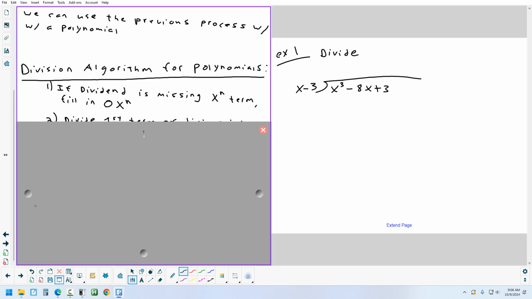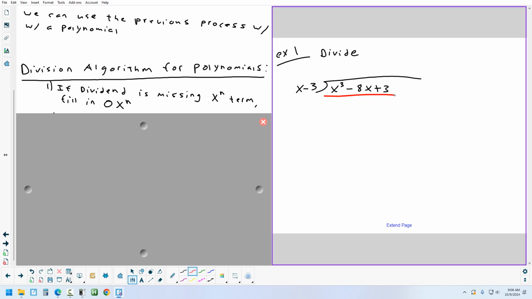So the first step is more of setting the problem up. So what you want to do is look at your dividend. Your dividend is what I just underlined in red. The divisor is what's underlined in blue. That's on the outside. You could also call them numerator and denominator. Okay? But when we write it like that, it's usually divisor and dividend.